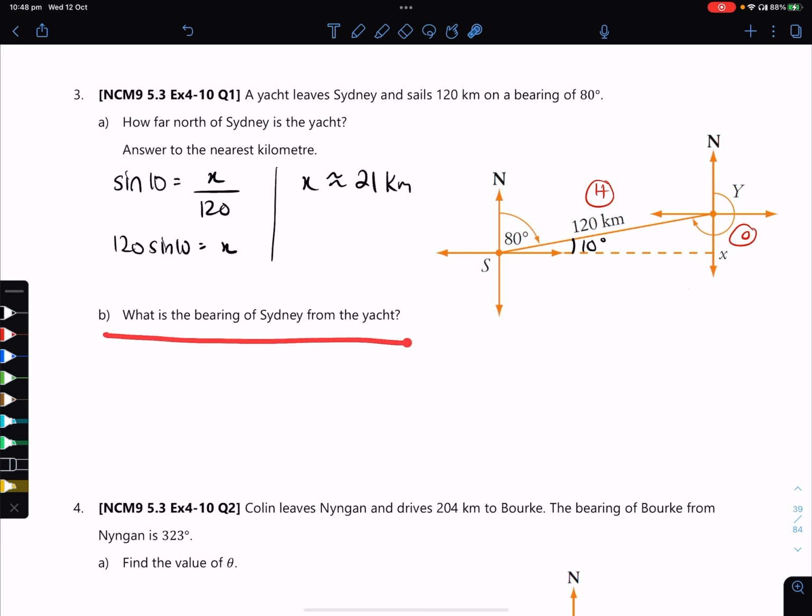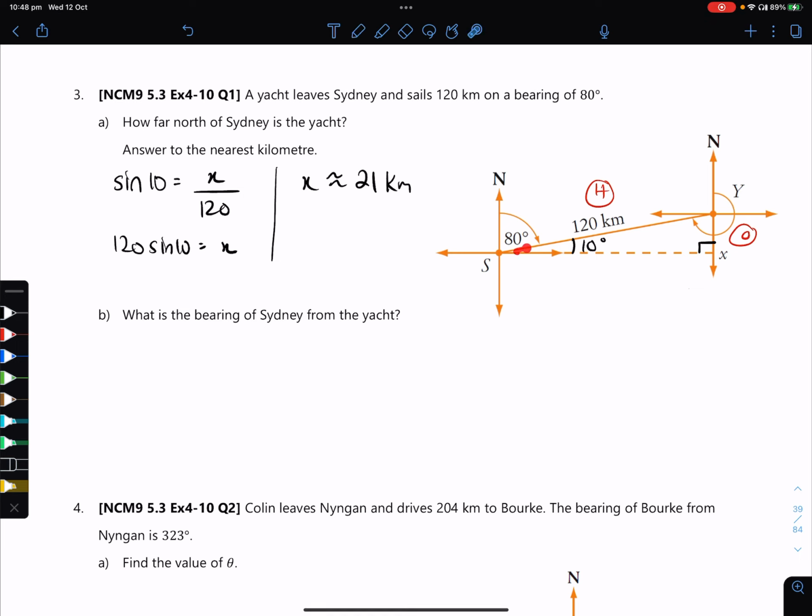Now for question B, what is the bearing of the yacht? Oh, sorry, of Sydney from the yacht. So we're looking at starting from the yacht, which is here, from a northerly direction. If we go clockwise, we're looking at finding that angle because that points to Sydney. So we already know that between a horizontal direction and a vertical direction, that this is already 90 degrees.